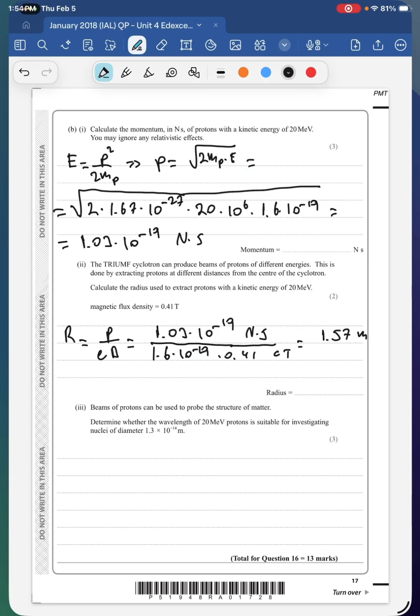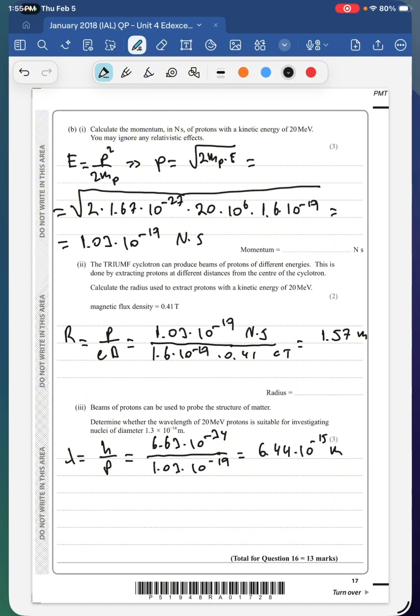The de Broglie wavelength of 20 MeV protons is given by h over p, and we calculated what the momentum of 20 MeV protons is, so we're going to use that. So 6.63 times 10 to the negative 34 over 1.03 times 10 to the negative 19. I'm being lazy with units. This gives you 6.44 times 10 to the negative 15 meters.